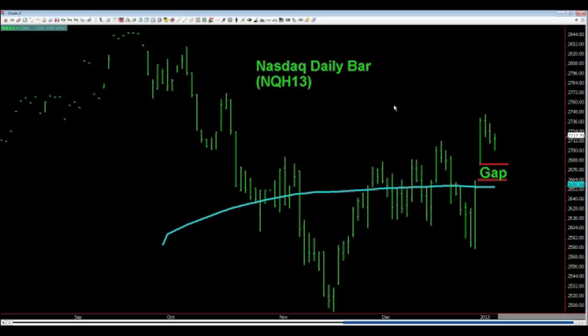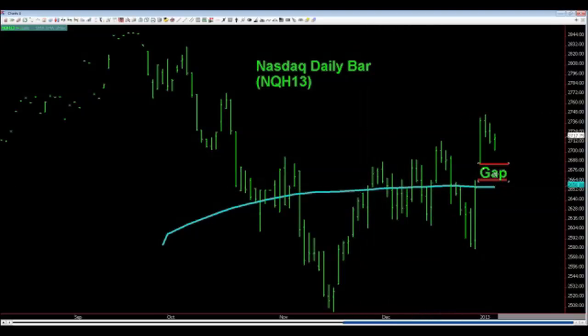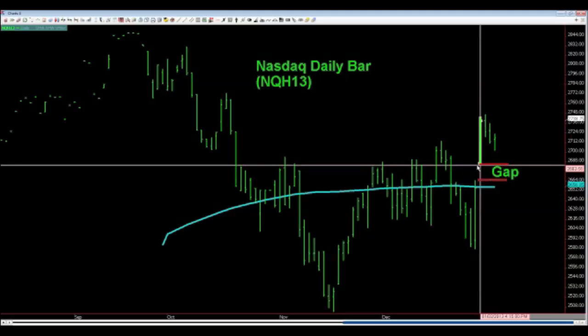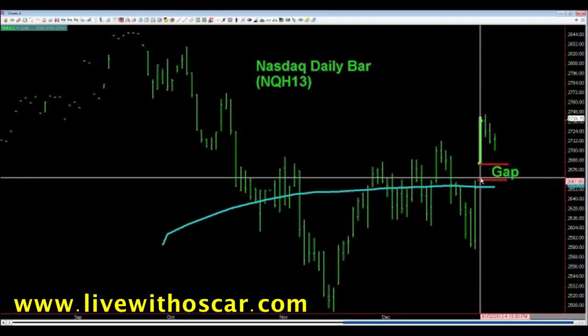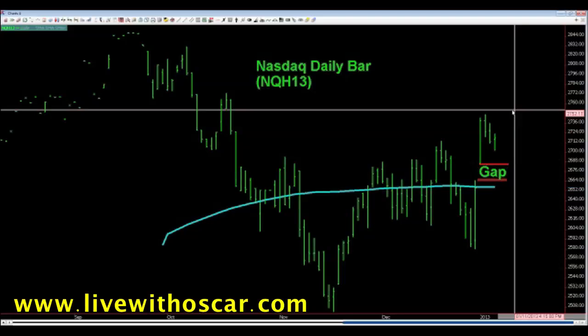Okay, traders, the NASDAQ daily bar chart with the 200 bar moving average overlaid right here. As you can see, another gap. Clearly, there's a gap right here in your NASDAQ chart. And it's a wide open gap. Again, very rare occasion that you get a gap in an index like the NASDAQ or the S&P.